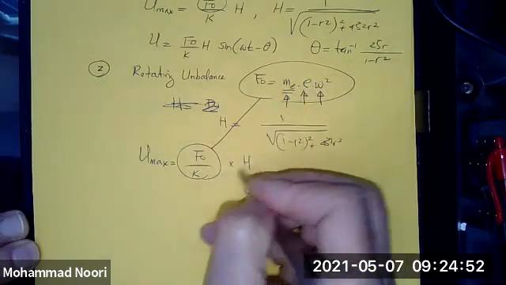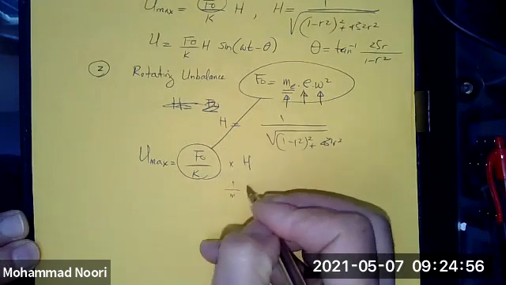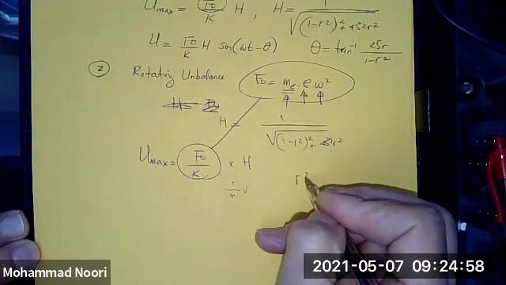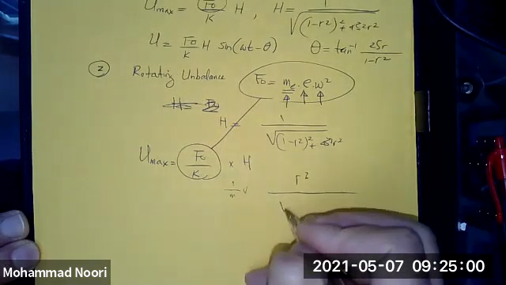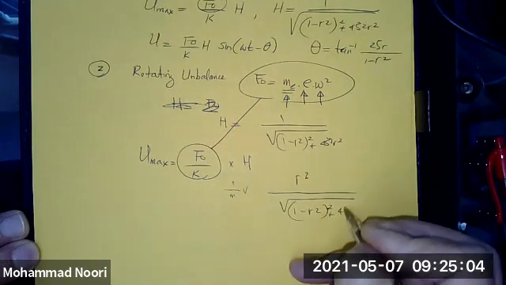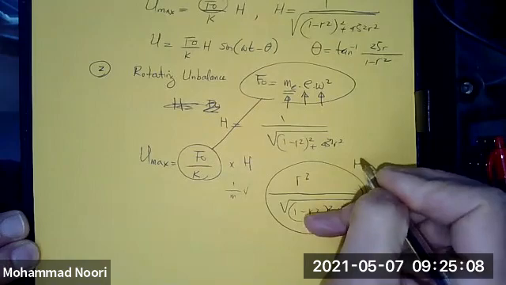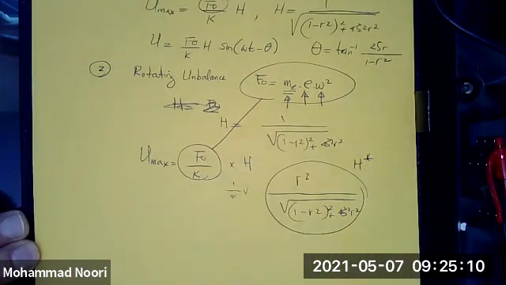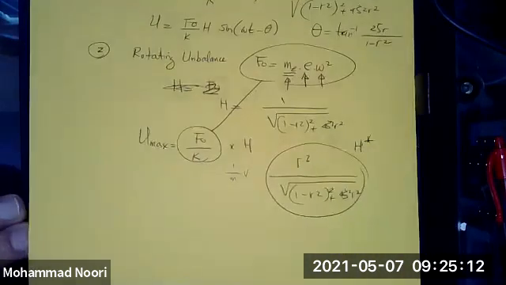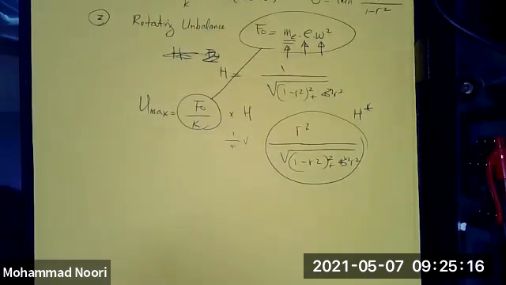We ended up with something like 1 over m times r squared divided by 1 minus r squared plus 4 zeta squared r squared, which we call also a pseudo frequency response function.